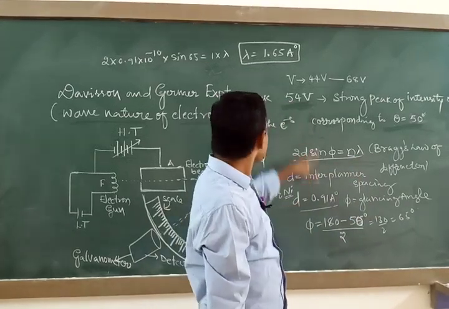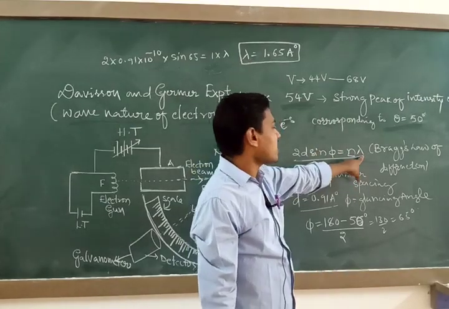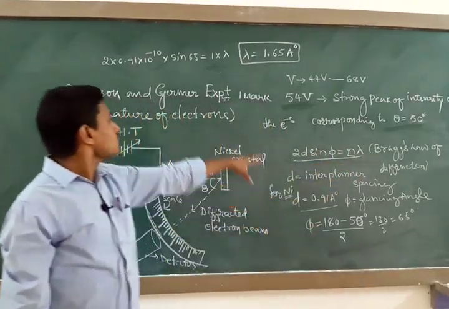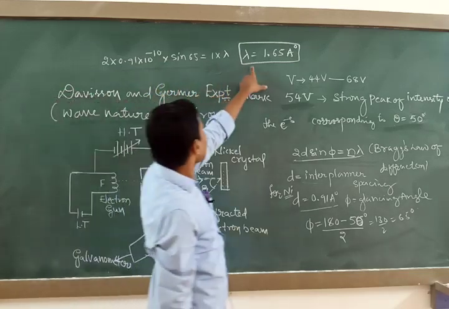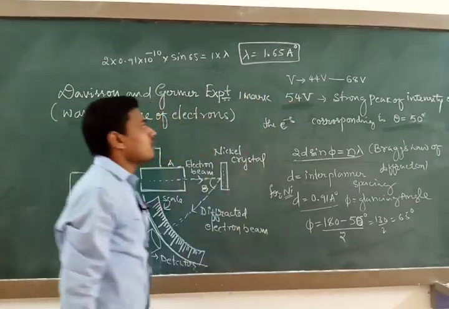So therefore, suppose I calculate the wavelength of the scattered electrons, this will be the value I am getting: lambda is 1.65 angstrom.